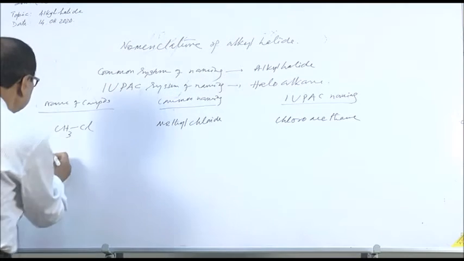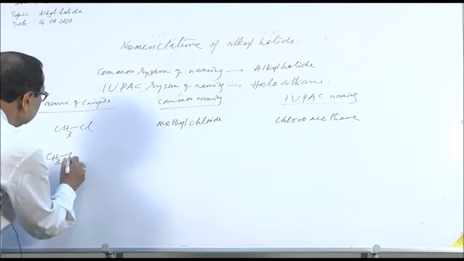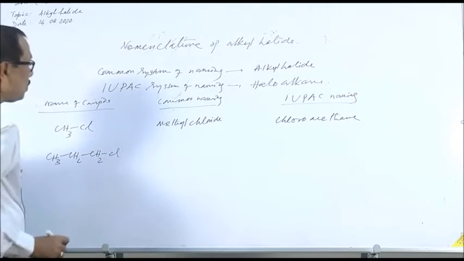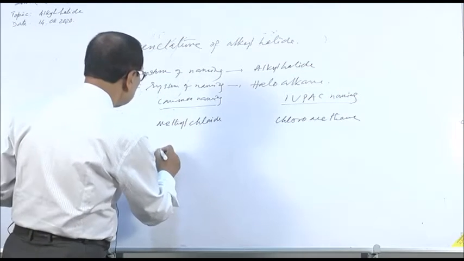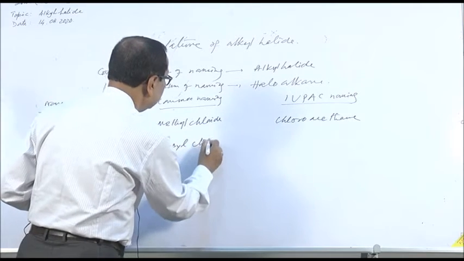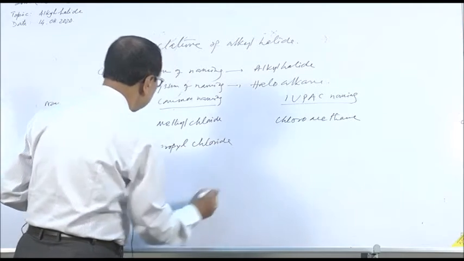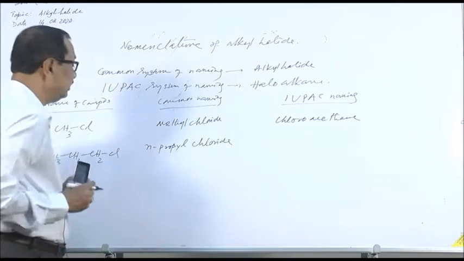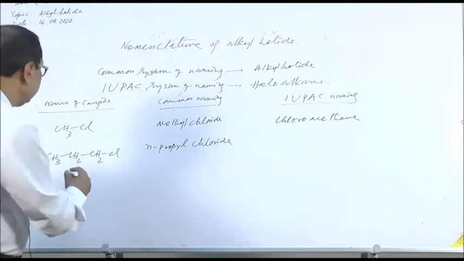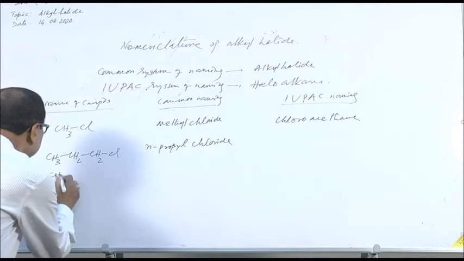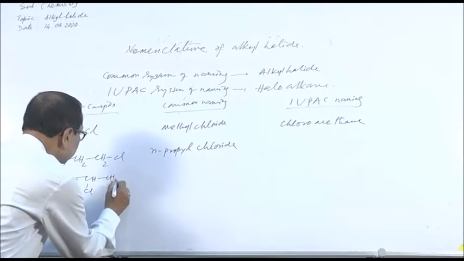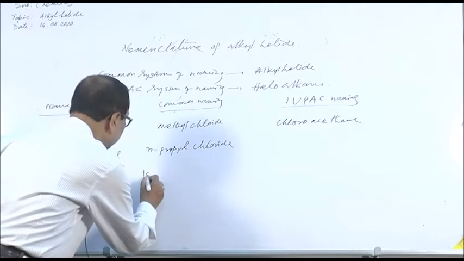Similarly, you can have another compound, CH3CH2CH2Cl. The name of this compound is propyl chloride, called n-propyl chloride, normal propyl chloride, because it has 2 isomers. Another one is CH3CHClCH3. This is isopropyl chloride.